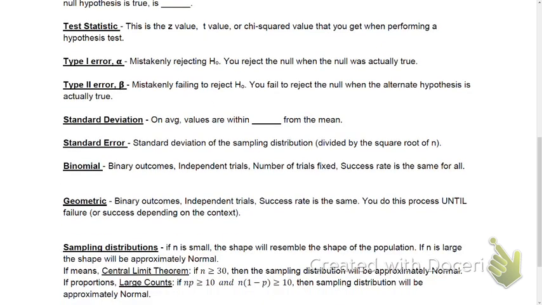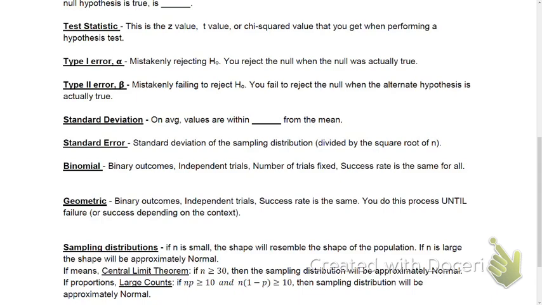Standard error is something we spent very little time on. We've said that phrase before, but I feel like we didn't spend a lot of time on it. But that is the standard deviation of the sampling distribution.